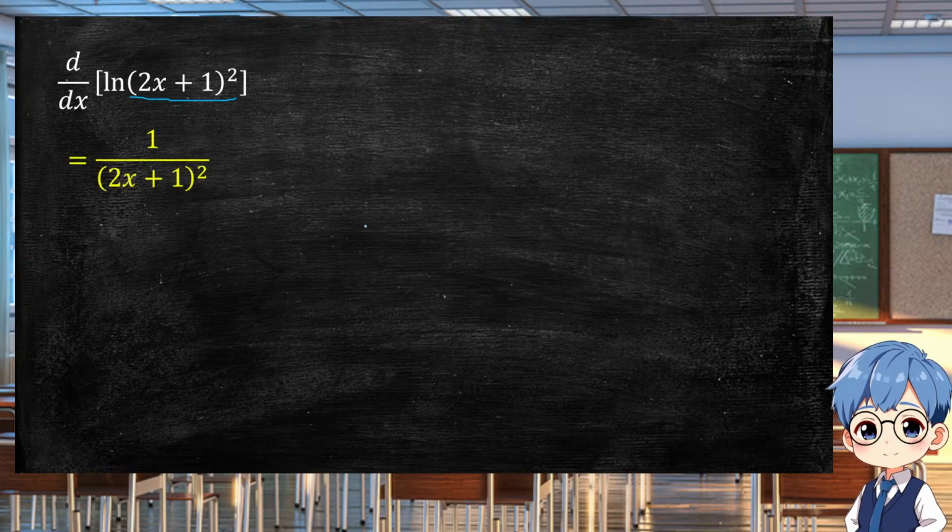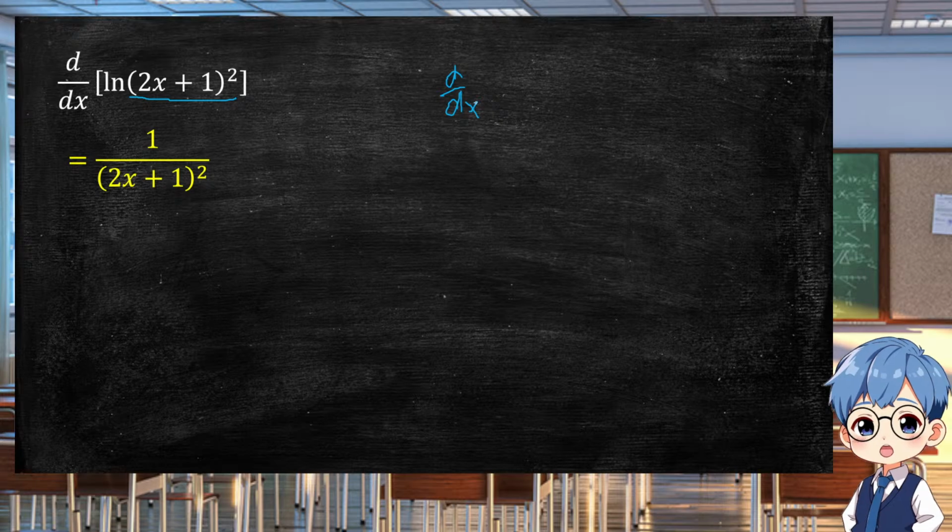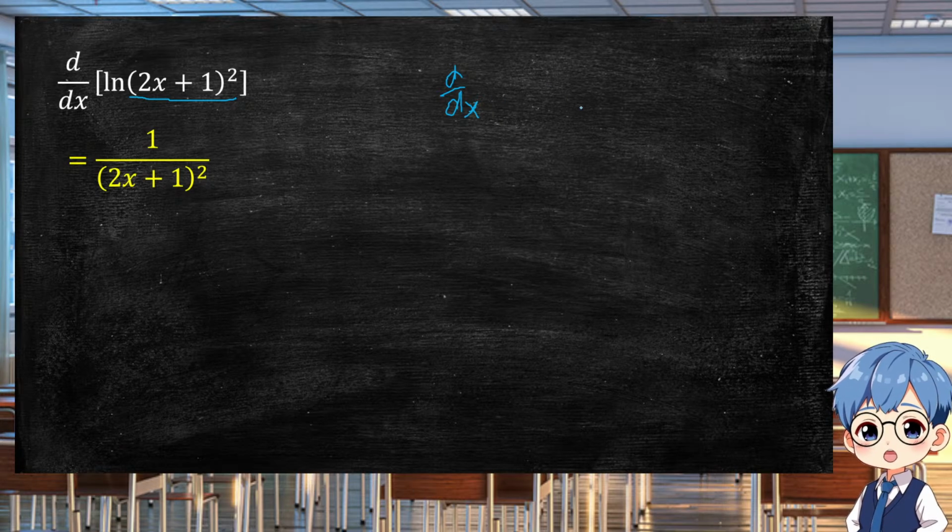This means that we will apply the differentiation rule for ln of u. In my previous video, I will repost the link later at the end of this video for the previous differentiation rules.